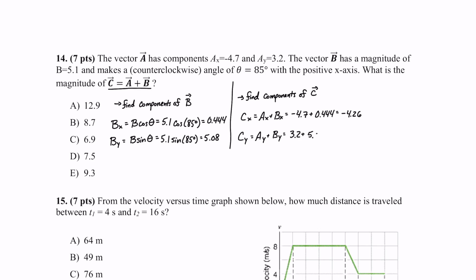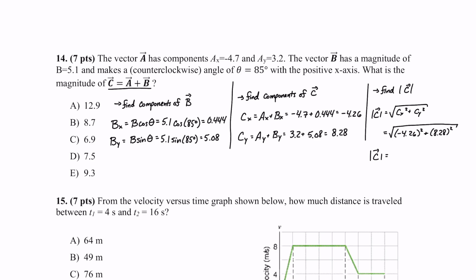Plugging in those numbers, we get this as the y component of C. And now, at this point, we can find the magnitude of vector C using the Pythagorean theorem. Plugging in numbers to get a final result of 9.31, which is answer E.